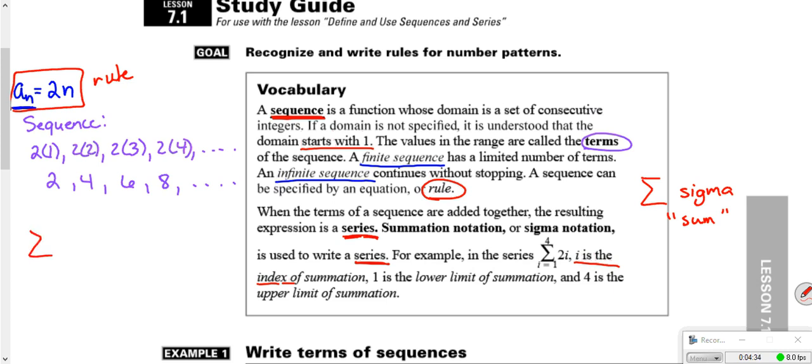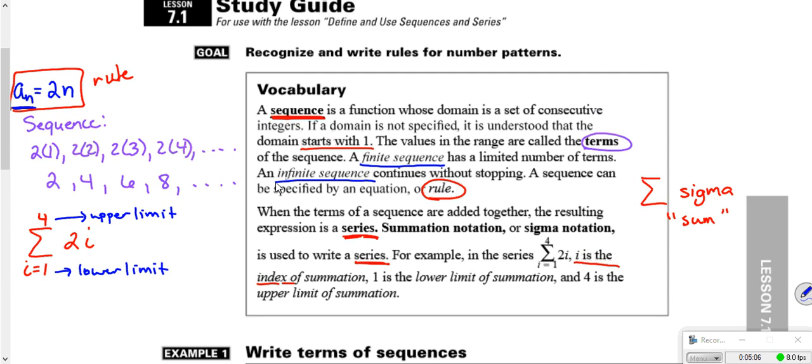So if we have sigma of 2i and i goes from 1 to 4, what that means is, if we're going to use this index, let me first say that this is the lower limit, and the 4 up here is the upper limit. What that essentially is telling us is it's limiting this series to just 4 terms that we're then going to add.